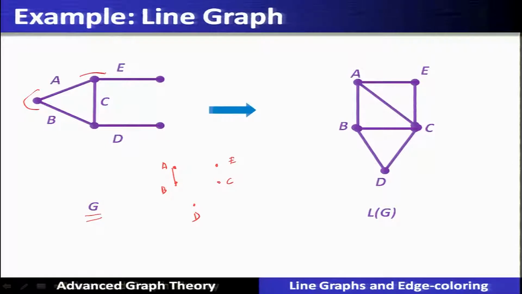A and E are meeting, we place an edge. A and C are meeting, we place an edge. Then B and C are meeting, so we place an edge. B and D are meeting, we place an edge. C and D are meeting, so we place an edge. Similarly, E and C are meeting, so we place an edge. So, this is called the line graph of this particular graph.